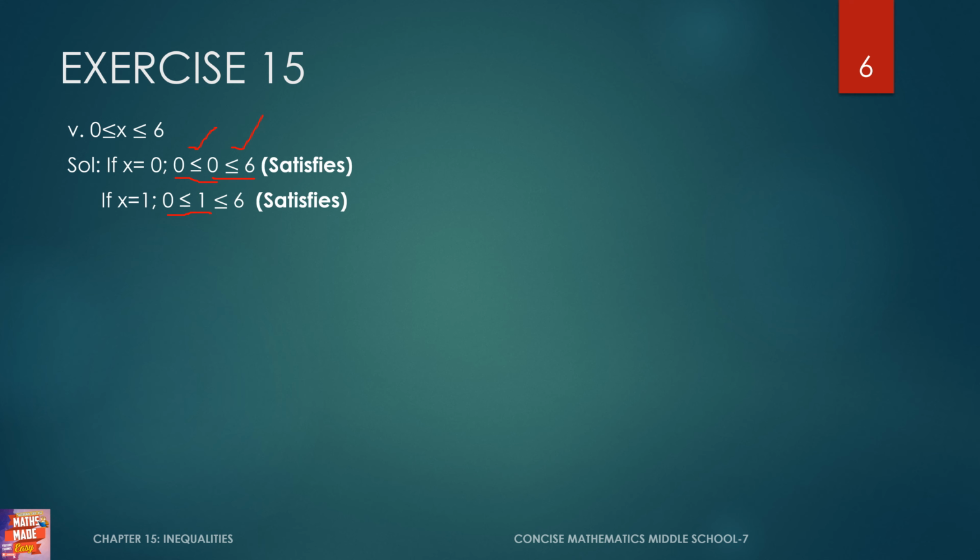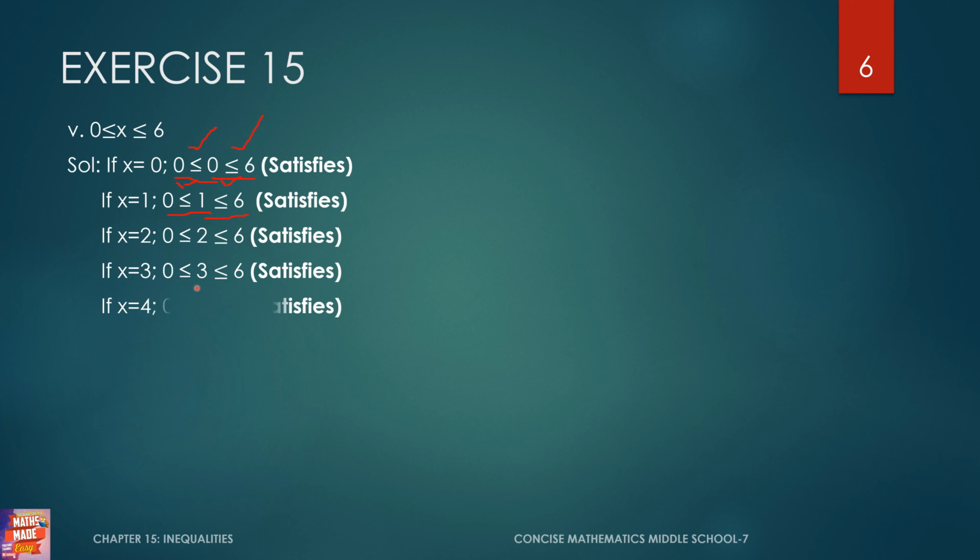Even here 0 is less than or equal to 1. 0 is less than 1. Yes. And here 1 is less than 6. Yes. Similarly, now you just keep on checking for the two conditions, children. If these two conditions are okay, it's satisfying, then write down as satisfying. Similarly, even here it satisfies the two conditions, and even for 4 it satisfies. 0 is less than 4 and 4 is also less than 6.